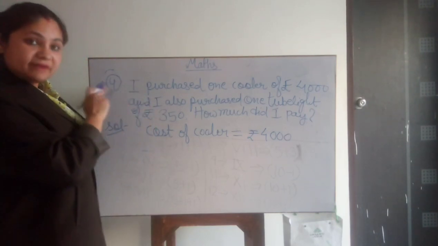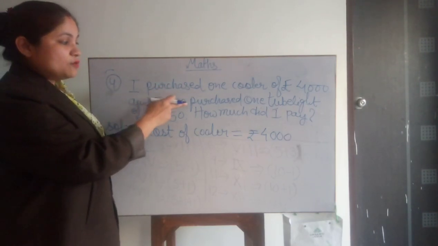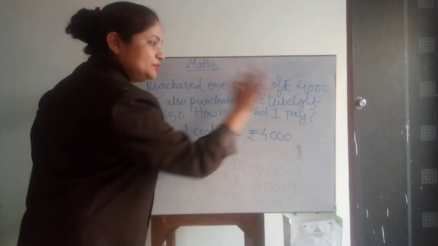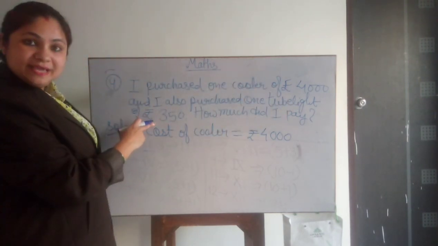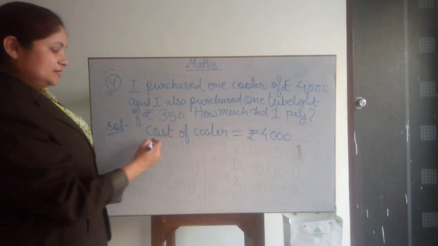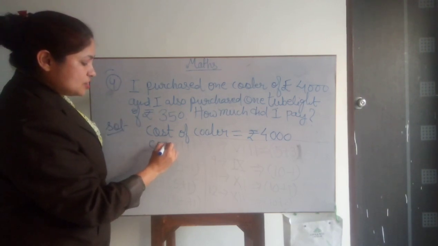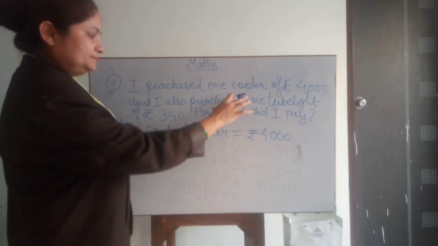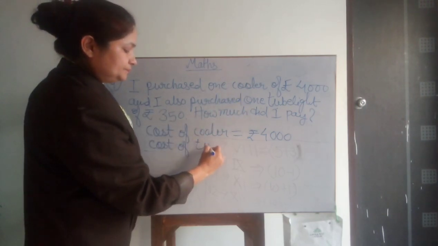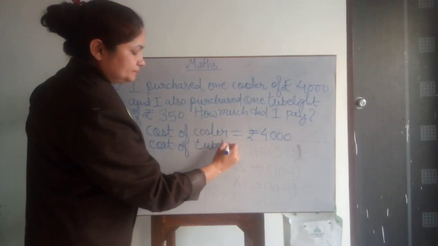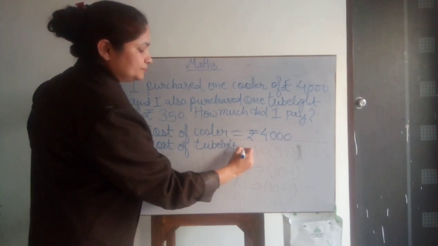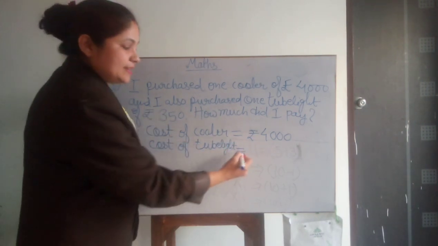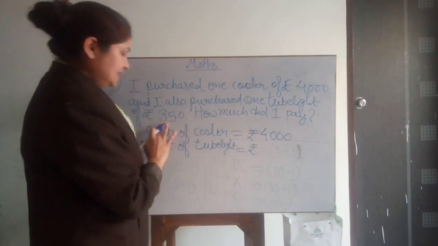Now read it again. And I also purchased one tube light of rupees 350. So cost of tube light is rupees 350.